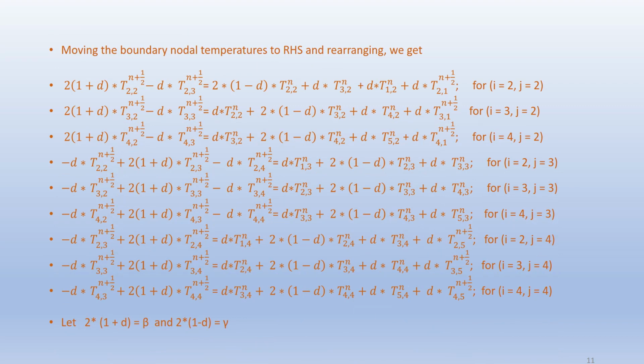So we can move the boundary nodal temperatures which are present on the left hand side to the right hand side. By rearranging, we get the set of equations as shown here. For simplification purposes, let beta equals 2 times (1 plus d) and gamma equals 2 times (1 minus d).